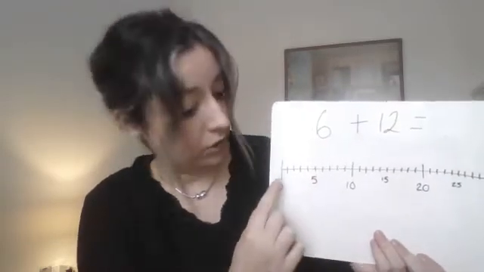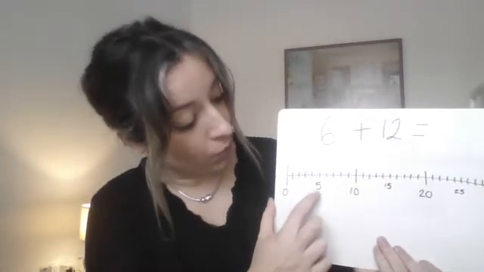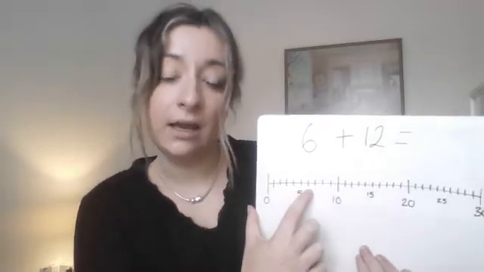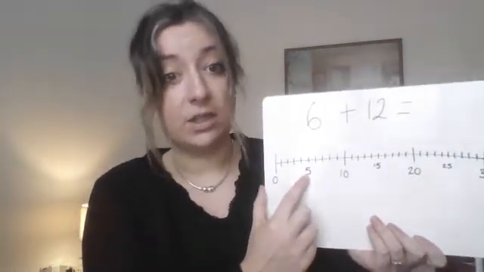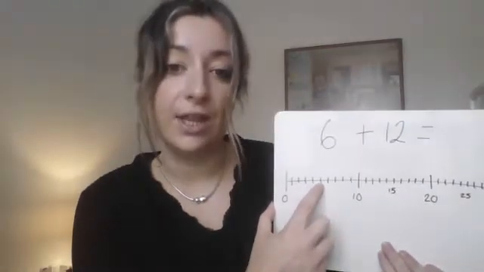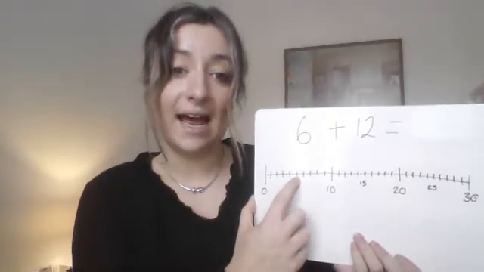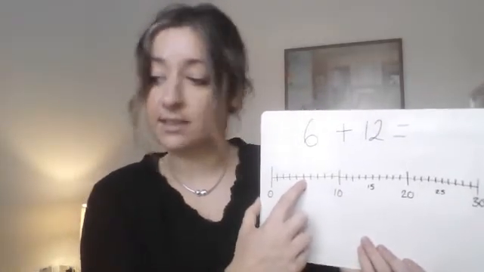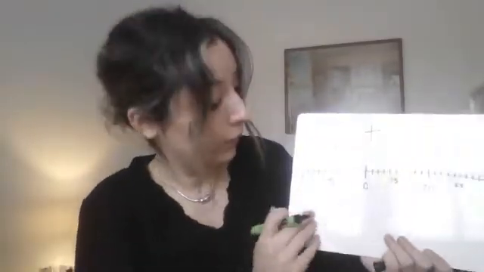So I don't need to count 0, 1, 2, 3, 4, 5, 6. I can go a quicker way. 5 is really close to 6, so I'm going to start at 5 and put my finger on that integer there. There is 6. Now I need to add 12 to 6, so I'm going to get my pen and jump.